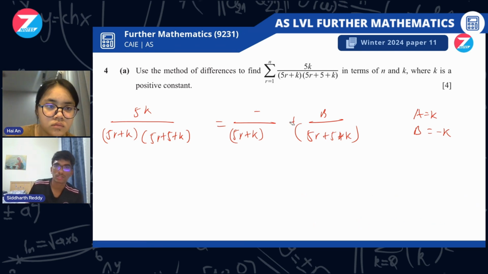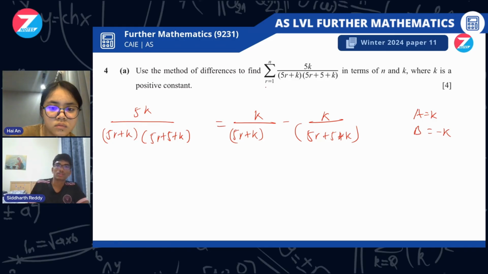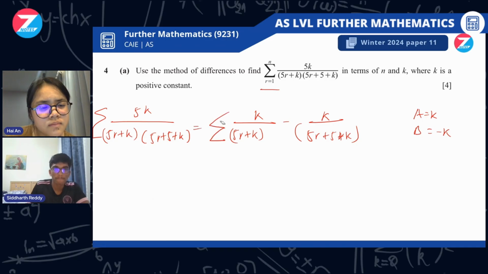So let's just rewrite this. Now that we found the values, so you have k and minus k. Okay. So they're asking us to find the sum from r is equal to 1 to n. So let's add the summation symbol.